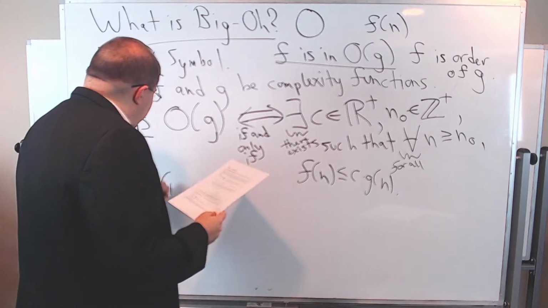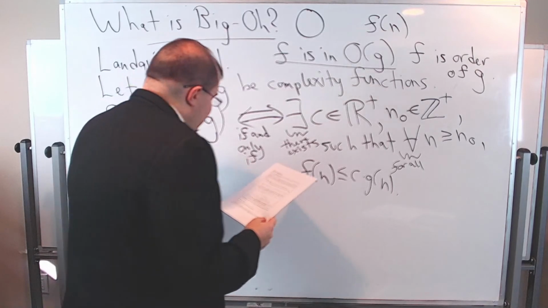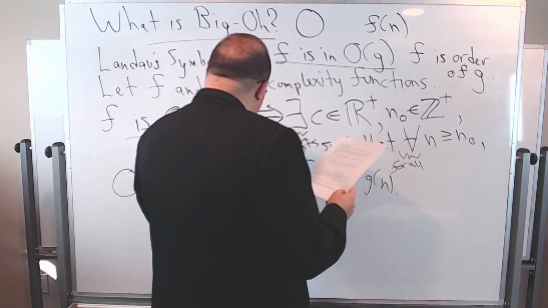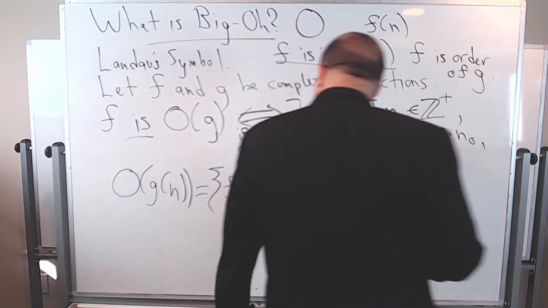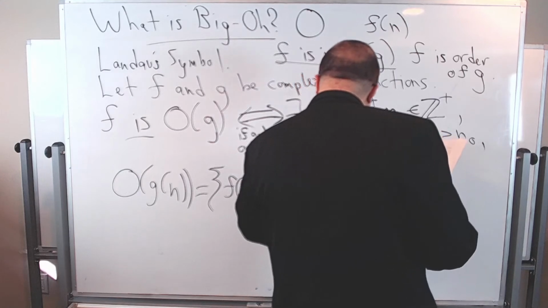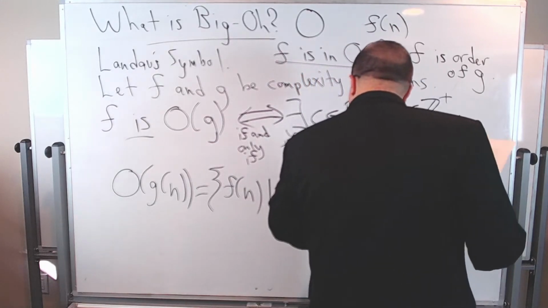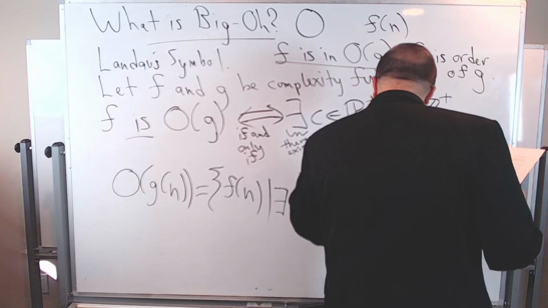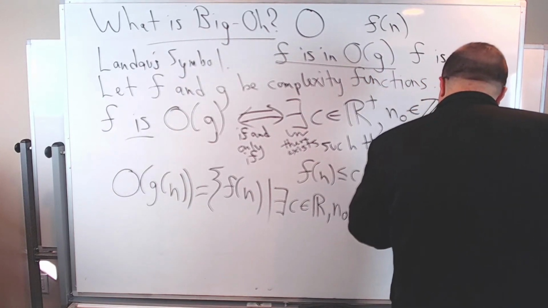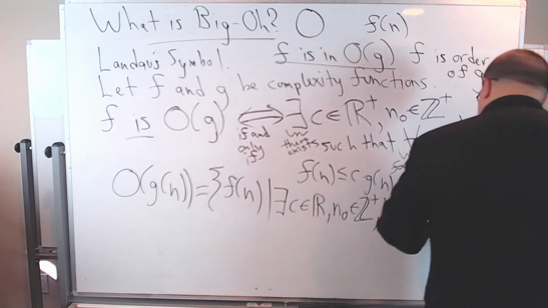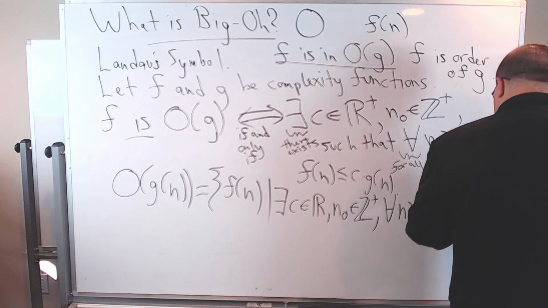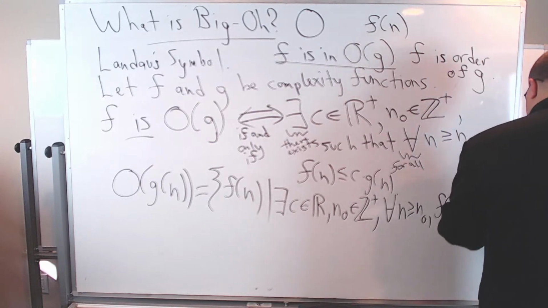So another way you can write this is that big O of g of n is simply a set of functions f of n such that there exists c and n0, such that for all n greater or equal to n0, f of n is less than or equal to c times g of n.